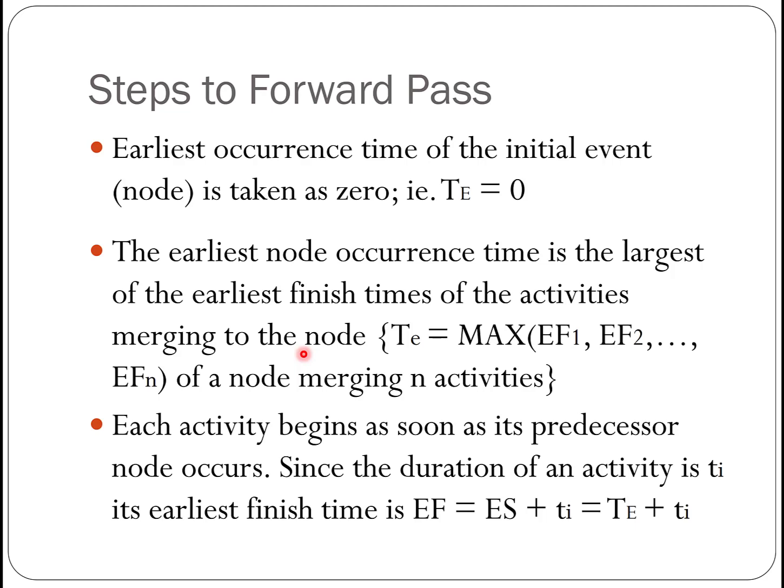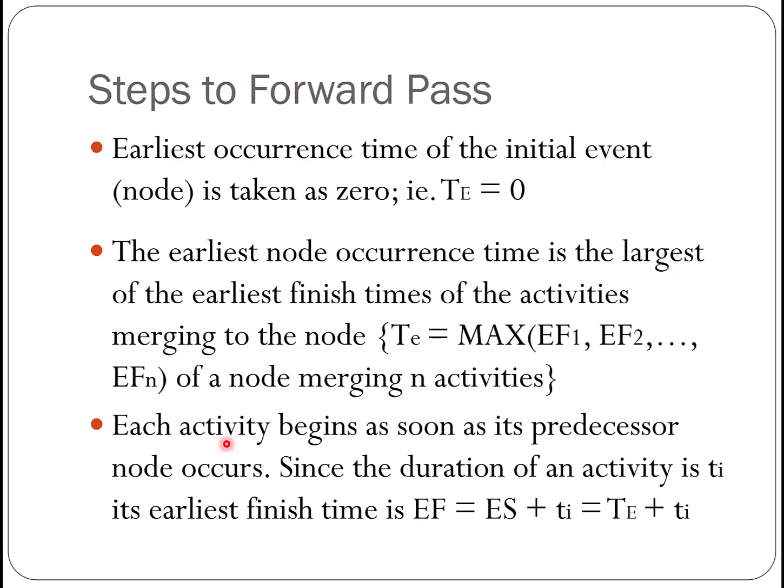If there is more than one activity going into a node, then that node time represents the completion time of all the different activities leading to it. Of course, we have to complete all the activities to claim that all the activities are done. So we choose the latest or the largest finish time for the activities to be that event time.